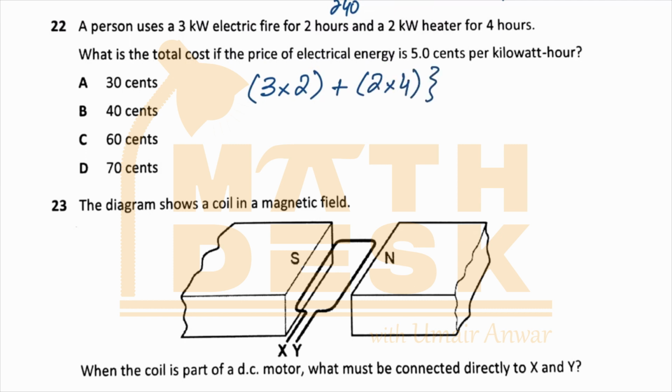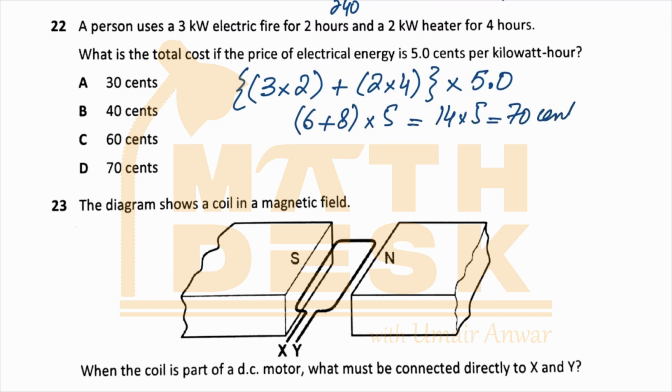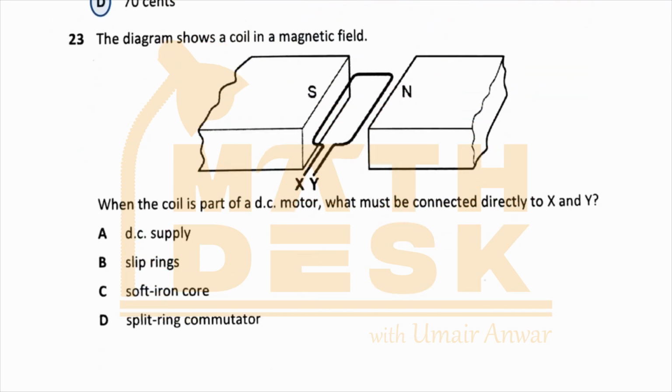This total electrical energy used is multiplied by the cost per unit, which is 5.0 cents. So it would become 6 plus 8, which is 14, into 5. So 70 cents would be the cost of electrical energy, and D would be the correct option here.